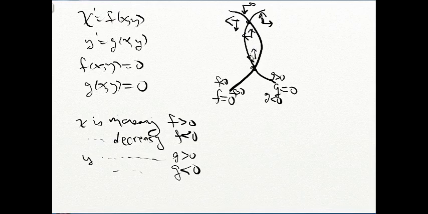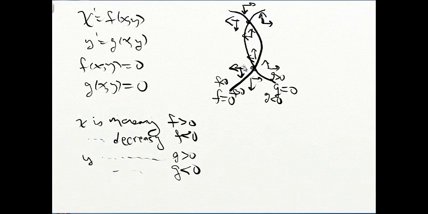But things change. Over here the arrows look like this, and down here the arrows look like that. And finally over here f is negative and g is also negative, and so the arrows look like that. So that's a rather primitive diagram, but you're supposed to be able to deduce the nature of the solution curves from those arrows.